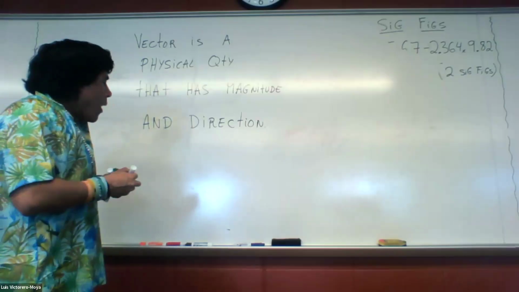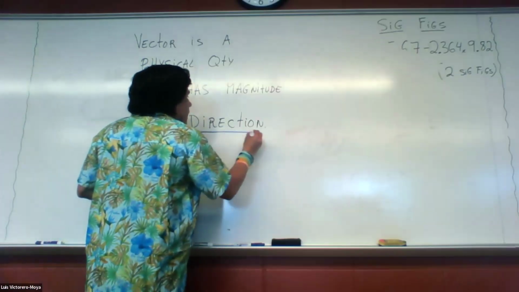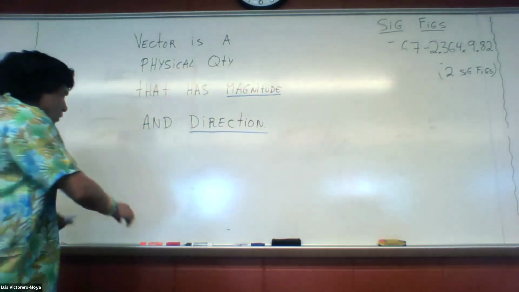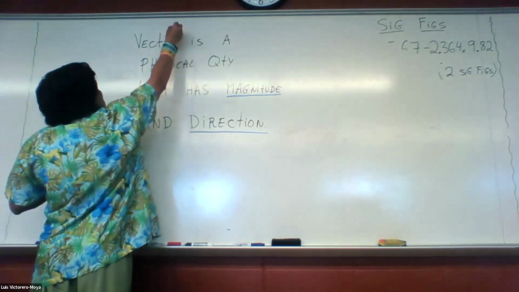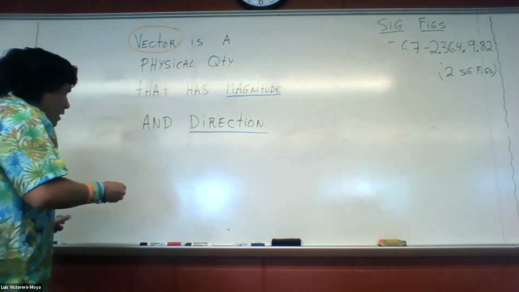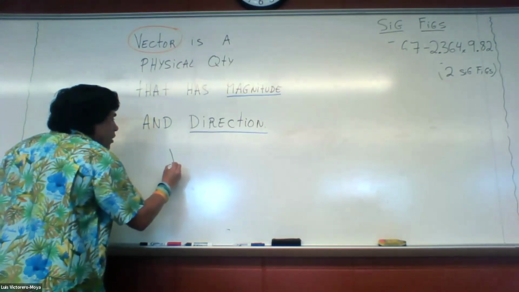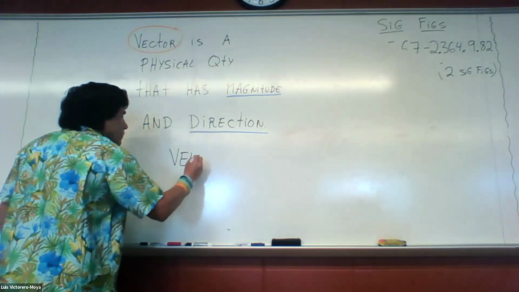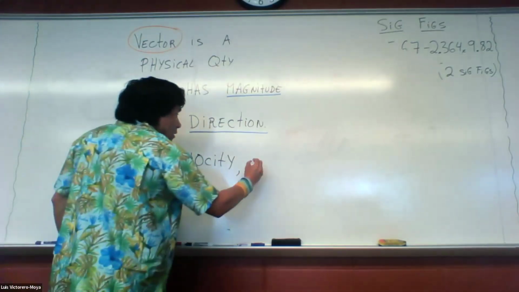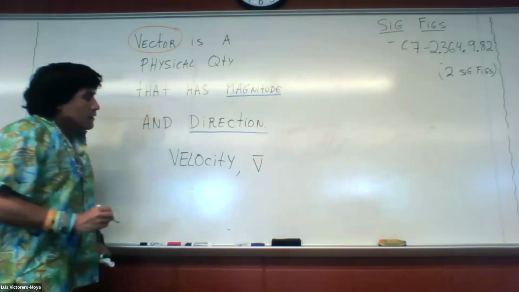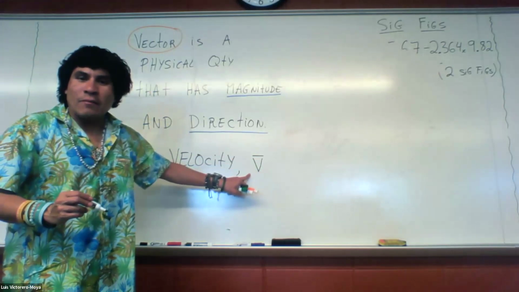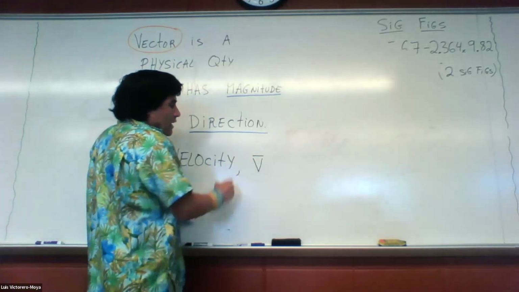So this is going to be important because this is how we are going to understand the difference between quantities in physics that are vectors or scalars. So what's an example of a vector? A vector could be the velocity, which normally we label like this, v with an arrow. If you see this arrow on top of a variable like this, that's telling you it's a vector.